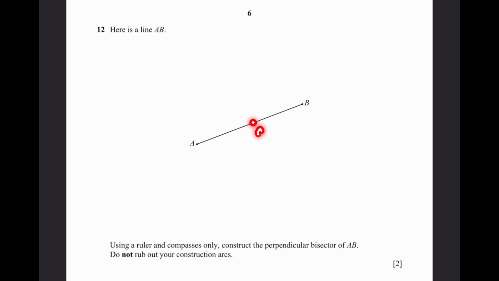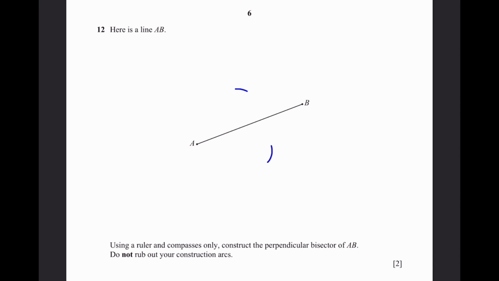So let's say this is the midpoint of the line. That means the length of the compass should be greater than this length over here between the arrows, between A and the midpoint. And then once you've got the length, draw an arc above and below the line like I've done here from point A, putting the compass needle there.